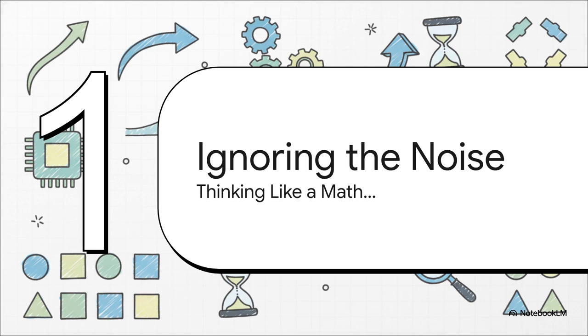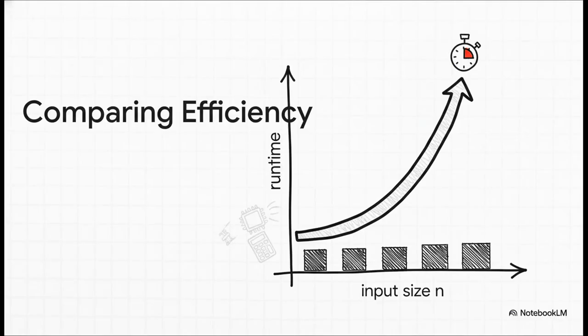No, instead, we've got to start thinking a little more like a mathematician. We have to learn to ignore all that distracting environmental noise. So here's the key. We have to zoom out and look at the big picture. We're not worried about the exact nanoseconds an operation takes. What we really care about is how the runtime behaves as our input, we'll just call it n, gets really, really big.